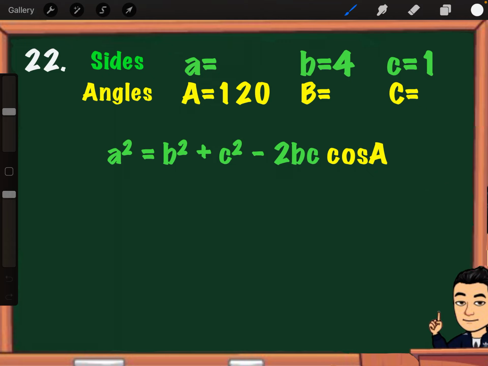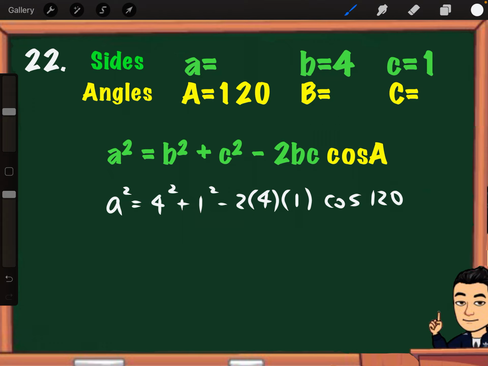So number 22. First of all, you know that we can solve for side A. So A squared equals side B is 4, so 4 squared plus side C is 1, so you square that, minus 2 times B, which is 4, and then C is 1. And then you're going to multiply by the cosine angle A, which is 120.